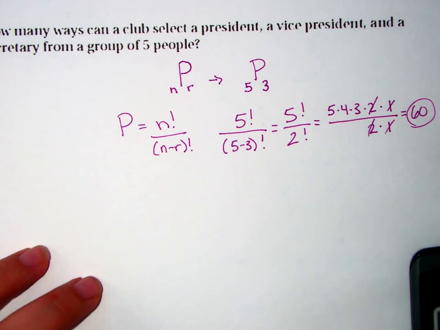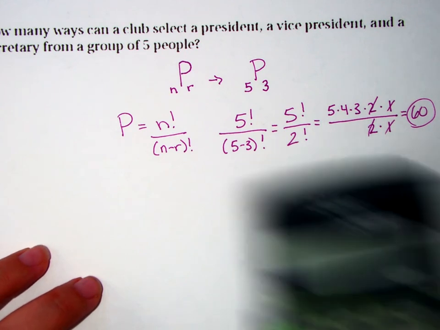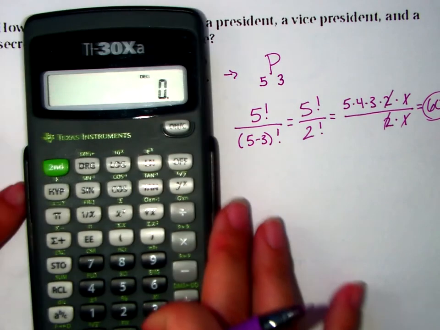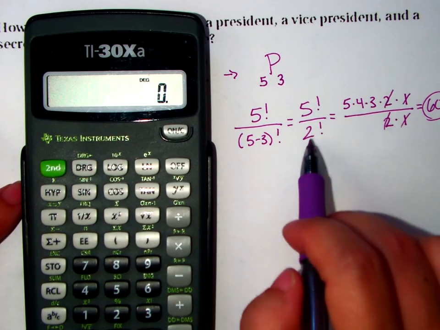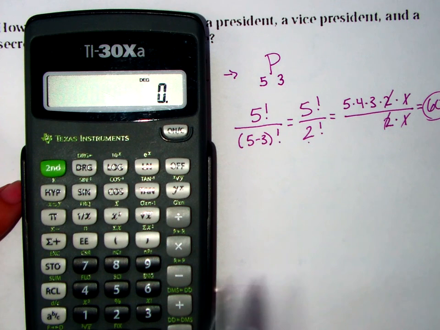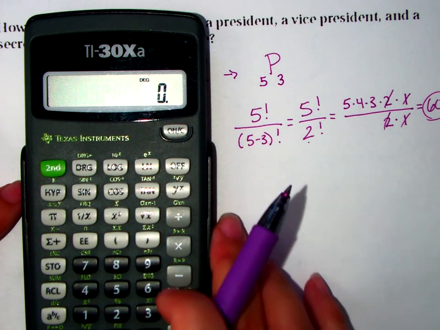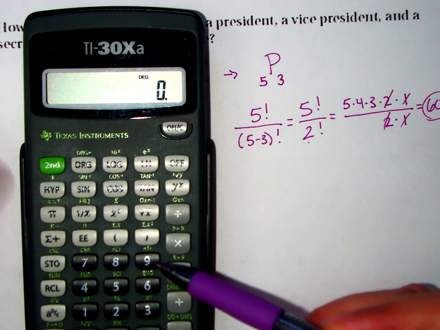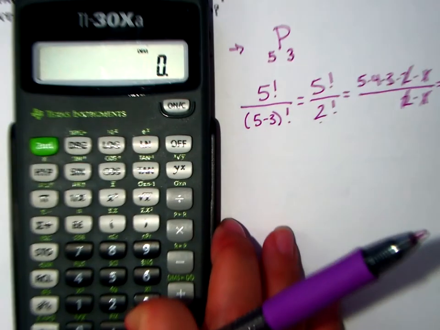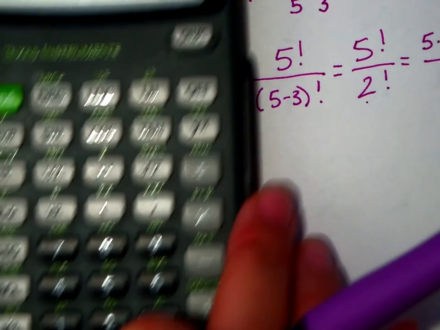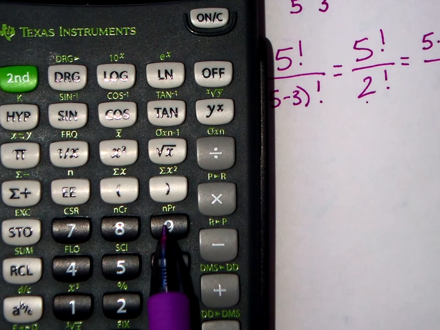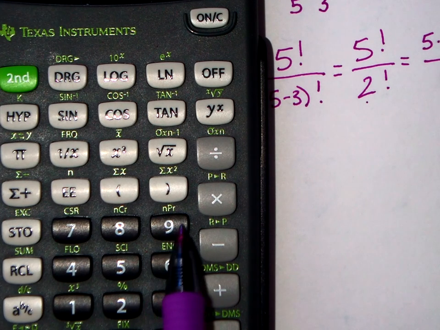Now I'm going to show you on a calculator. You can do this on your calculator. Let me put my calculator here so we can see. We are doing 5 factorial over 2 factorial. This is the TI-30XA at the number 9. Let's zoom in and see if you can see that a little better. We see a permutation. You see the P with a little n and a little r?